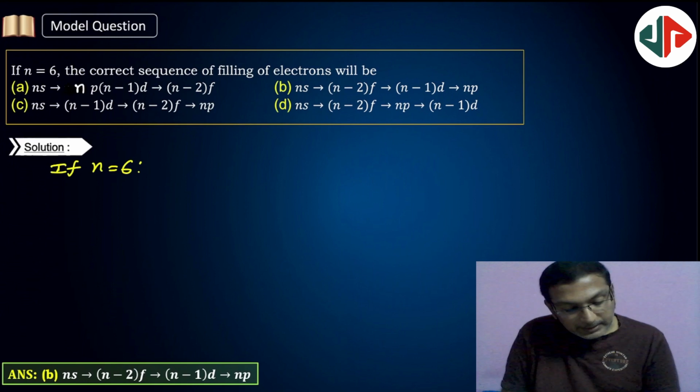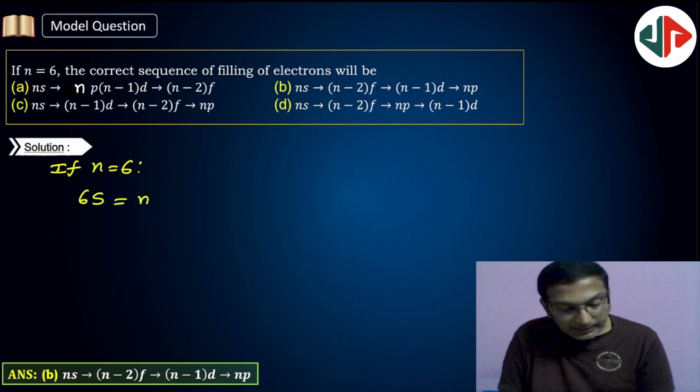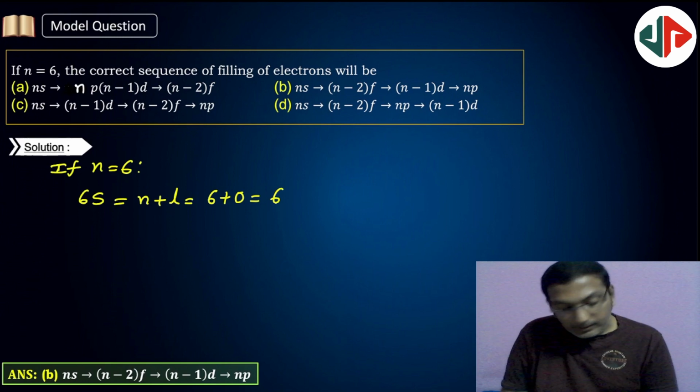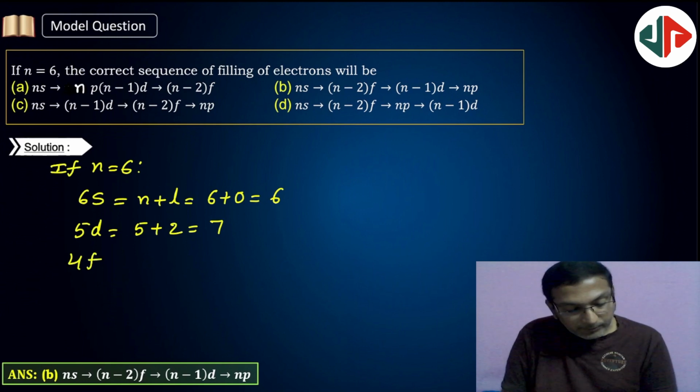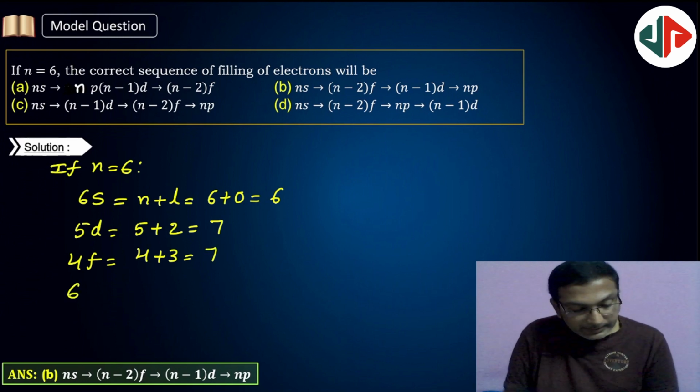So here the orbitals will be 6s. I am calculating the n plus l value, that means energy. 6 plus 0, 6. Next 5d, n minus 1 d is there. n minus 1 d means 5 plus 2, 7. Next 4f, 4 plus 3, 7. n plus l value. 6p.